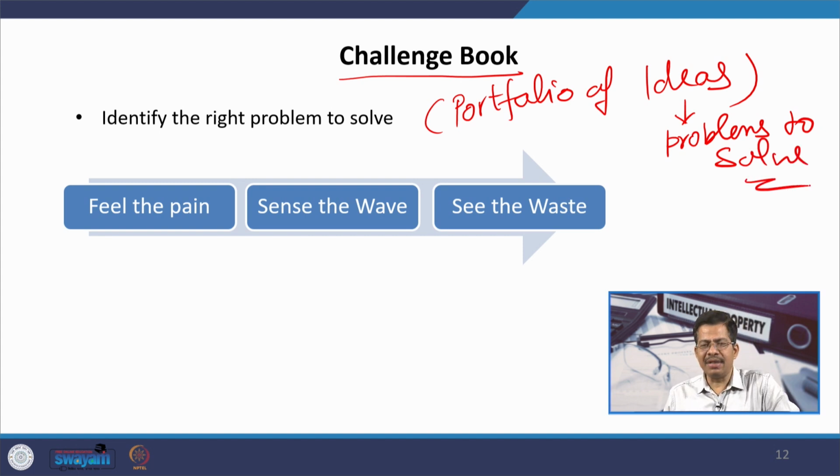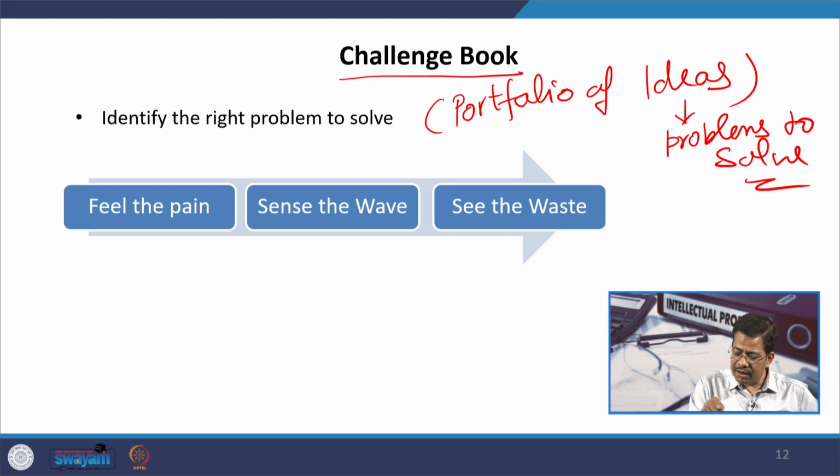So, in this case, we particularly identify three very important sources. We discussed that ideas are possible from 5 different types of elements: customers, employees, public, suppliers, and so on.